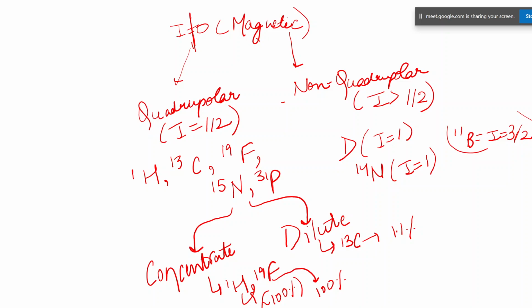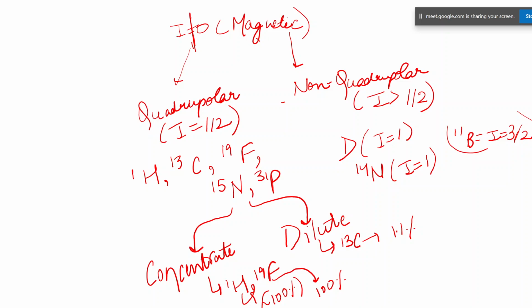And how can you tell whether it is non-zero or 0? If the mass number is divisible by 4, then it is non-magnetic, that is, I is 0. And if the mass number is not divisible by 4, then it is a magnetic nucleus, that is, I is not equal to 0.